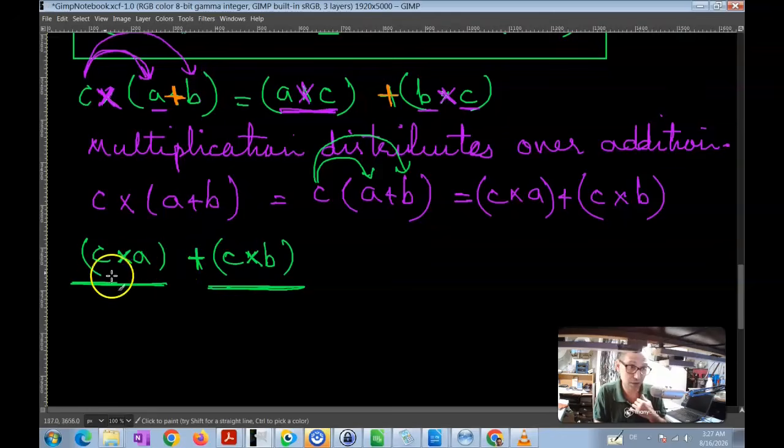Okay, it's not possible that, for example, one of them is multiplication and the other one is division. It doesn't work like that. But as long as both of these expressions are multiplication and they are being added together, we can factorize the common factor.